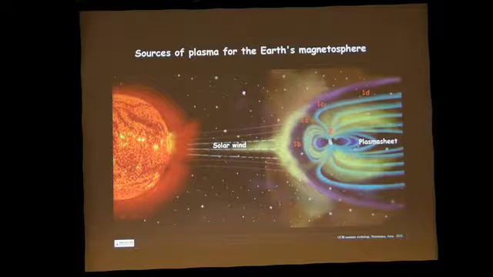But still, the ionosphere is an important supplier of plasma to the magnetosphere. So even if you don't care about ion outflow as a process, if you work in the magnetosphere, with the ring current or radiation belts, recall that much of the plasma that you're working with actually comes from the ionosphere.